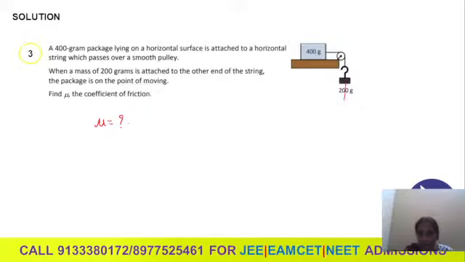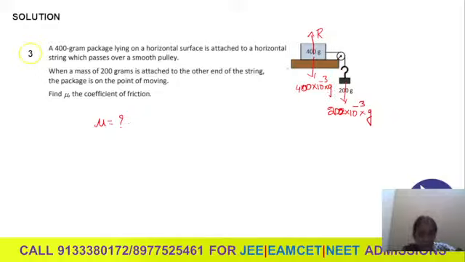Here 200 grams means 200 into 10 power minus 3 kg into g. And for the 400 gram package, the reaction force will act upward, perpendicular to the surface of contact. 400 into 10 power minus 3 into g is the weight.